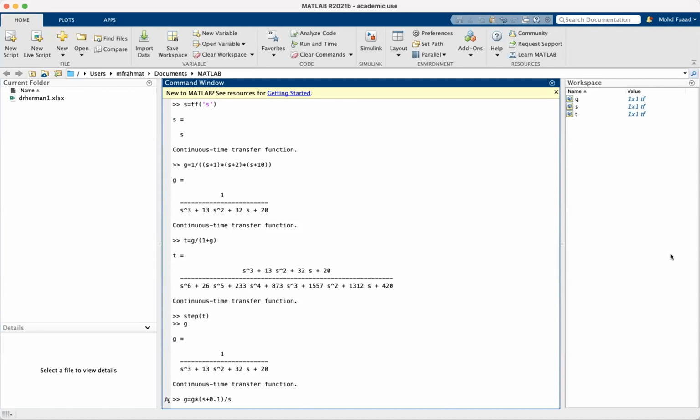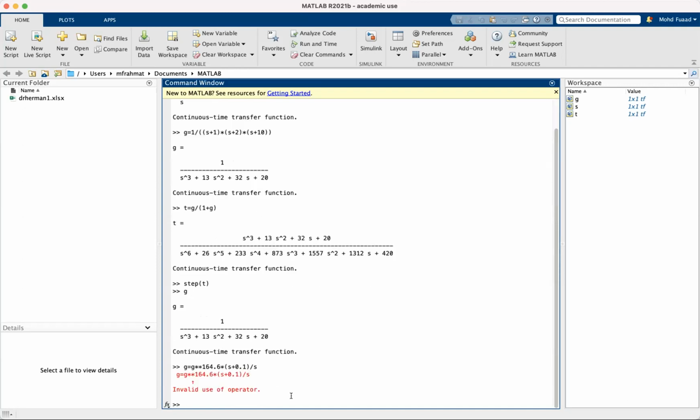That is the PI controller. Sorry, and put the gain there, 164.6, multiplied by the PI controller. There you go. Oh, sorry.